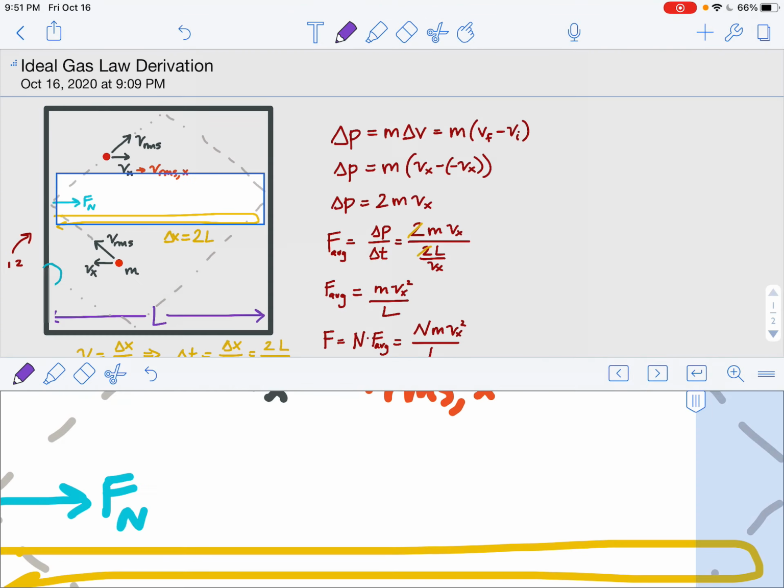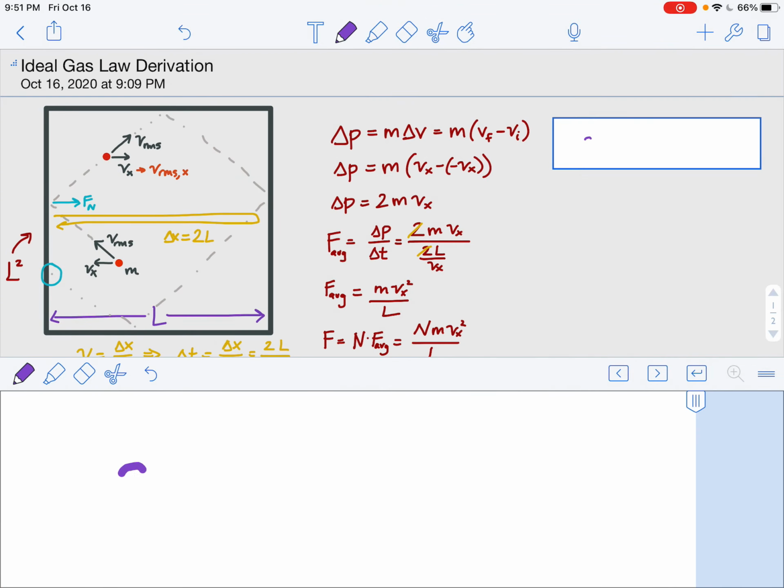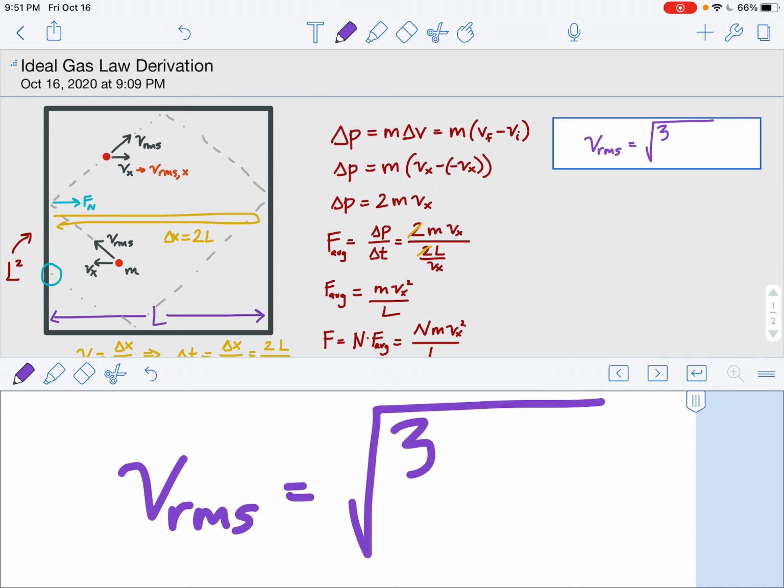So that relationship, if we recall from our definition of our RMS speed, remember that speed we had at the very beginning, is the square root of 3 multiplied by Boltzmann's constant, Kb, times T, divided by the mass.